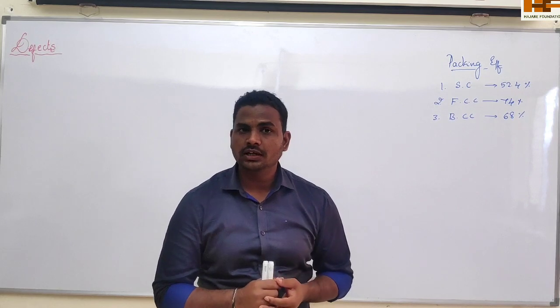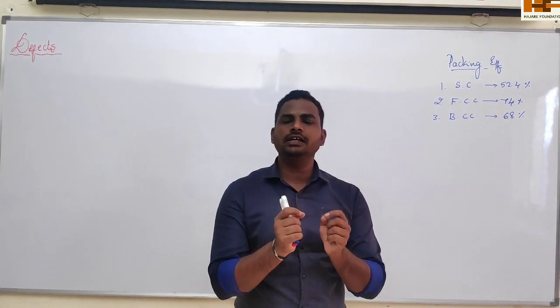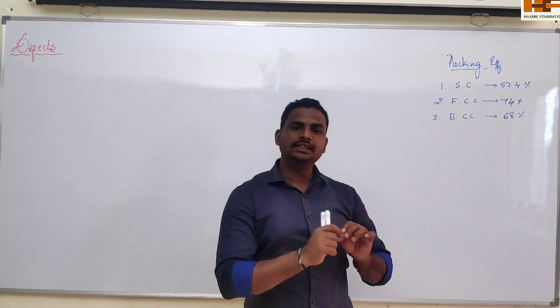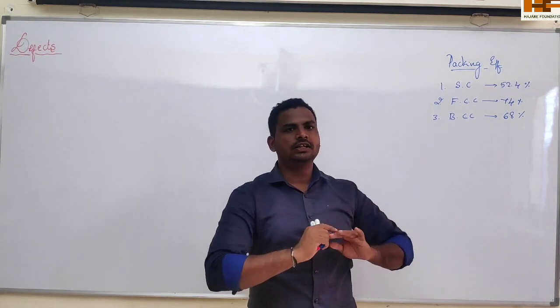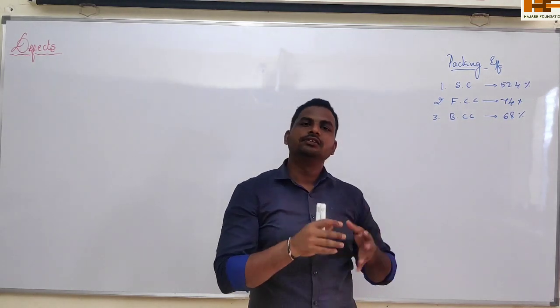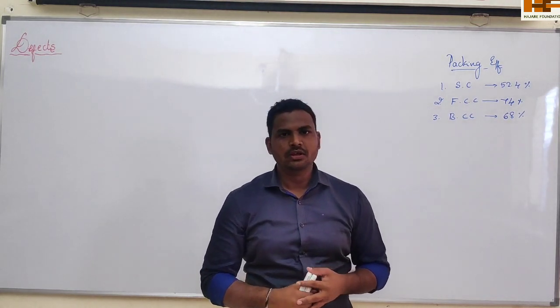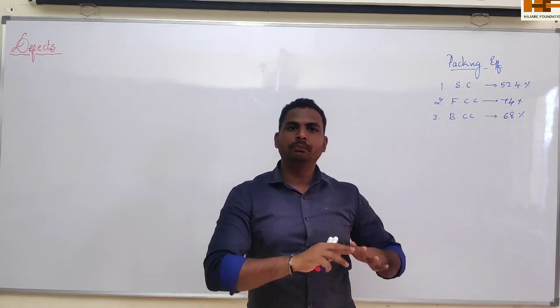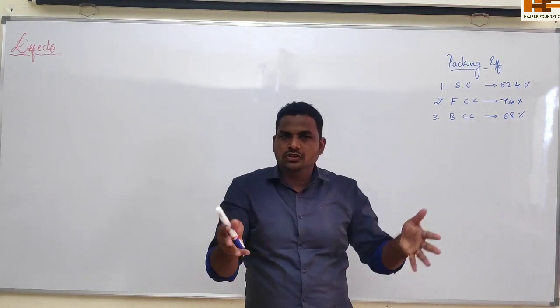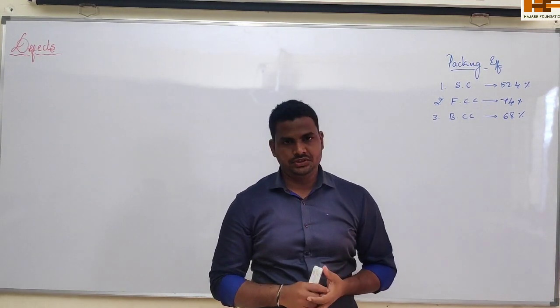Unit cell means the smallest repeating unit of the crystalline lattice. This unit cell is arranged in a regular pattern over the crystal in three-dimensional space. Because of the arrangement of this unit cell, the geometry of the crystal is determined.